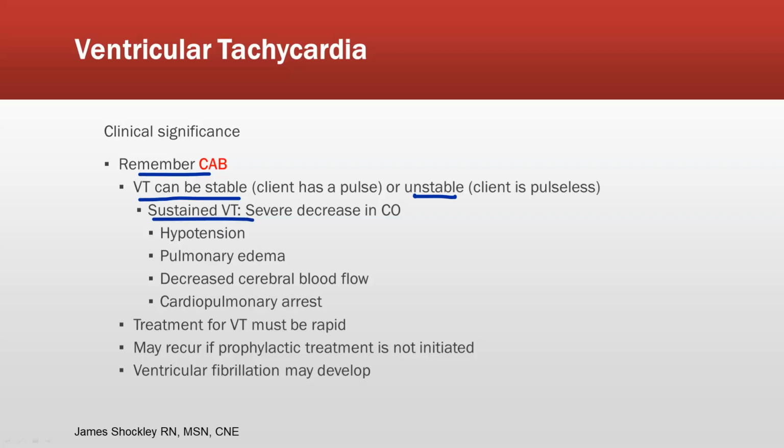Sustained ventricular tachycardia is going to have a profound effect on your body's ability to maintain homeostasis due to decreased cardiac output, changes in your blood pressure, your heart rate, your fluid volume, pulmonary edema developing. You can have issues because you don't have an effective pump, with anoxia or anoxic brain injury, so decreased cerebral blood flow.